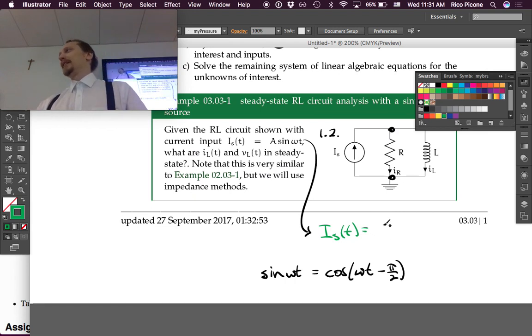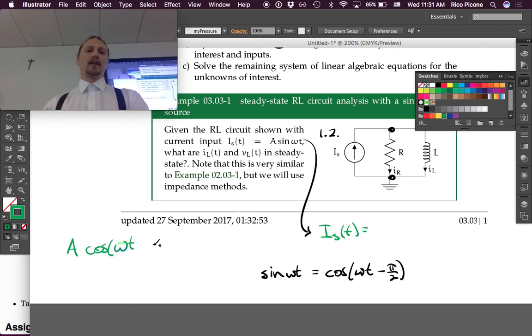No, that's not the answer. We remember our phasor form was we take something that's in the form A cosine omega t plus phi, and we write it as A e to the j phi. That was how we did it, right? I even had a diagram that looks a lot like that on the left-hand side. So you just take the A and you put it there, and you take this phase shift and you put it there. So what should I do for my IS?